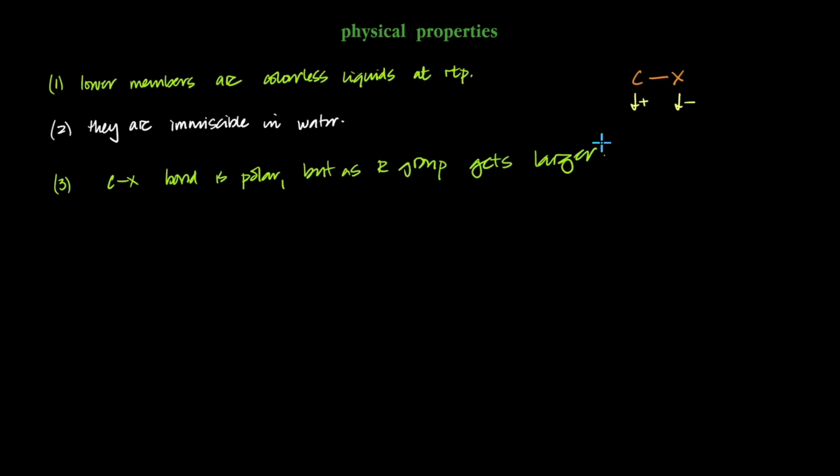Now what is this R group? Remember, it's RX, the alkyl group. As the alkyl group gets larger, even at 2 carbons, the molecule is generally non-polar, and it doesn't really mix with water.